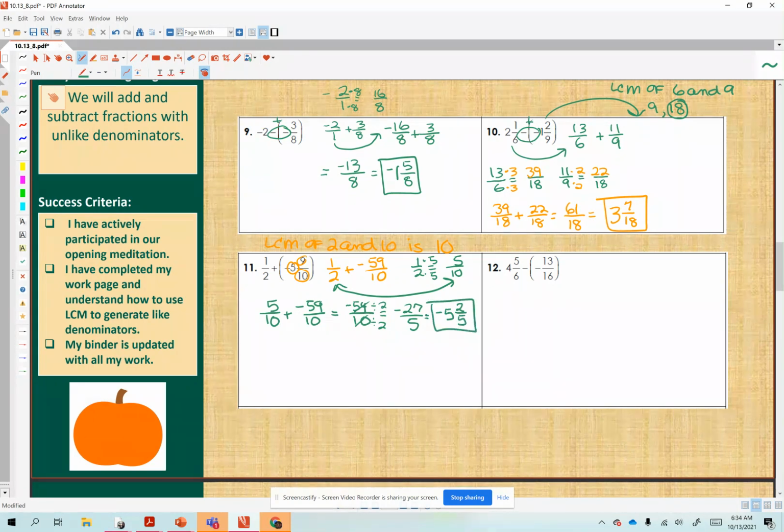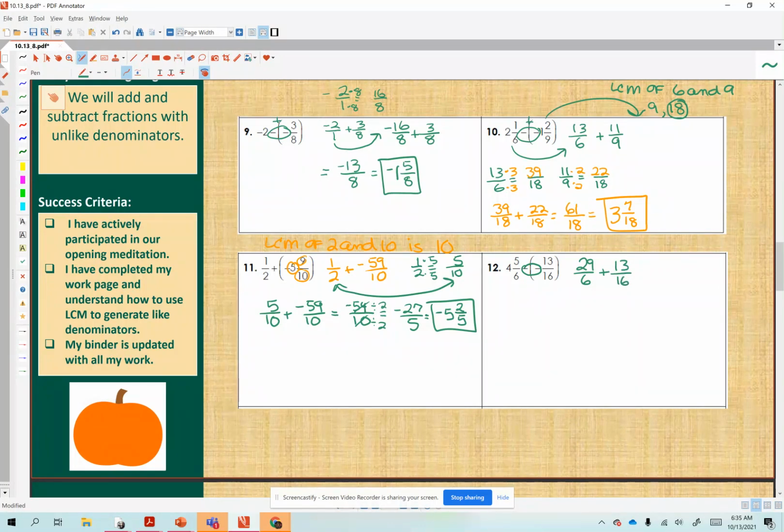Okay, number 12. Let's convert those to mixed numbers. 6 times 4 is 24, plus 3 more is 29. So that would be 29/6. And we're subtracting a negative, which means we are adding 29/6 plus 13/16.